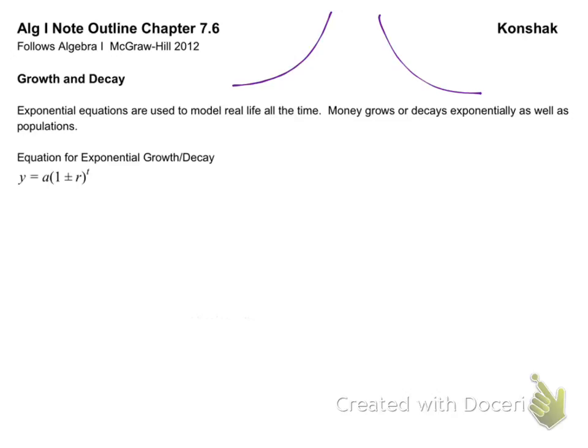This is how exponential equations work. You start exponentially with a small amount of money. You may start with a couple $100 and you start to invest it. Well, that money will grow. It grows slowly at first. But here's the thing. 10% of 100 is only $10. 10% of 1,000, though, is 100.